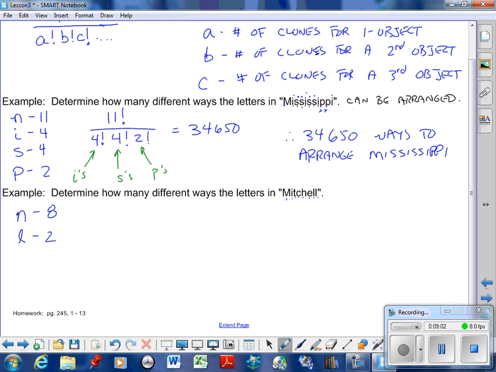So that means that we would have 8 factorial over 2 factorial for the number of ways we can arrange Mitchell. So it ends up being 20,160. All right. There you go. That's dealing with clones when you're dealing with permutations. Ways to arrange Mitchell.